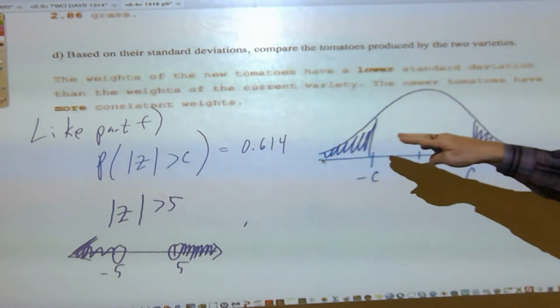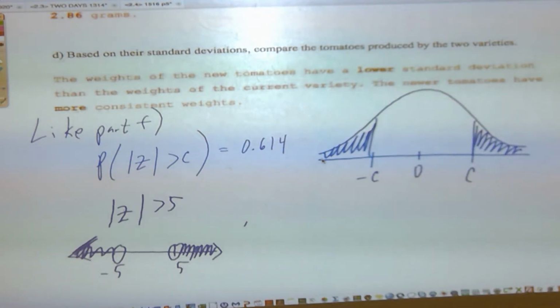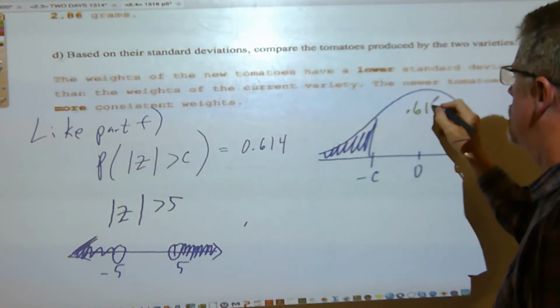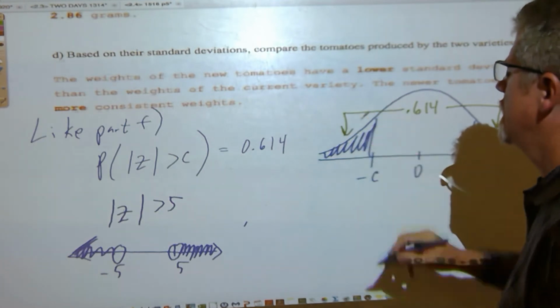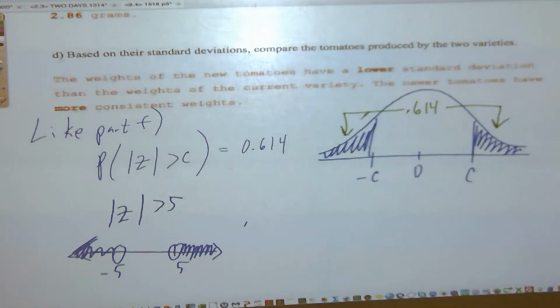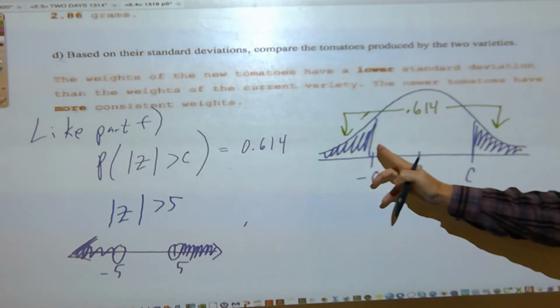We have to find the area of these two shaded regions combined. And to do that, we have to realize that the 0.614 is found by taking the right shaded region plus the left shaded region. If I want to find out what -C is, that's a left area.